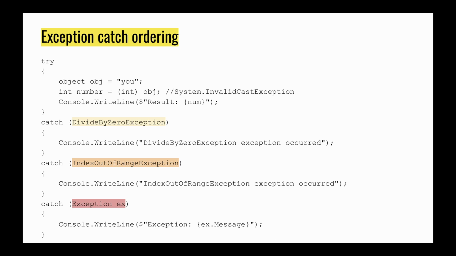At the same time, catch blocks for more general, more basic exceptions should be placed at the end, after catch blocks for more specific specialized types, because the CLR selects the first catch block that matches the type of the thrown exception to handle the exception. Therefore, in this case, DivideByZeroException and IndexOutOfRangeException are handled first, and only then Exception, since DivideByZeroException and IndexOutOfRangeException inherit from the Exception class.